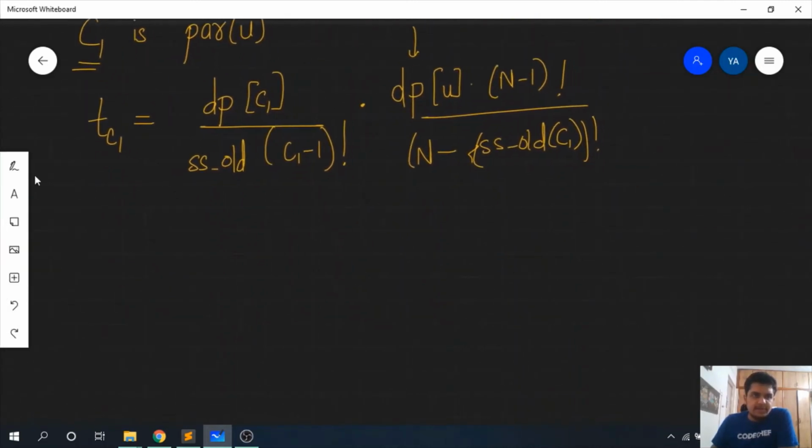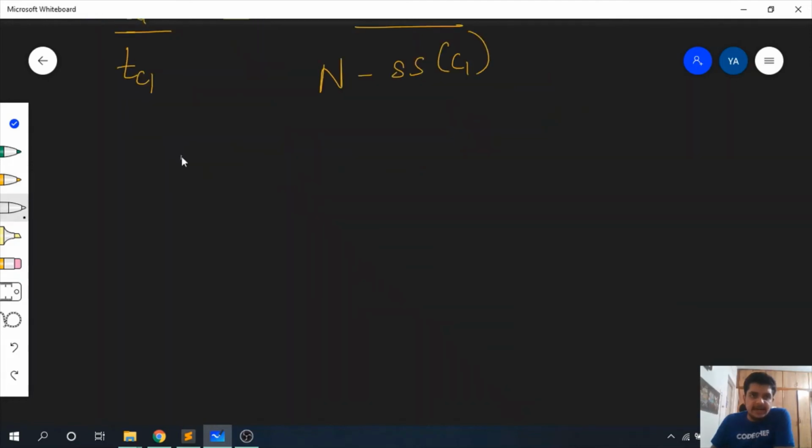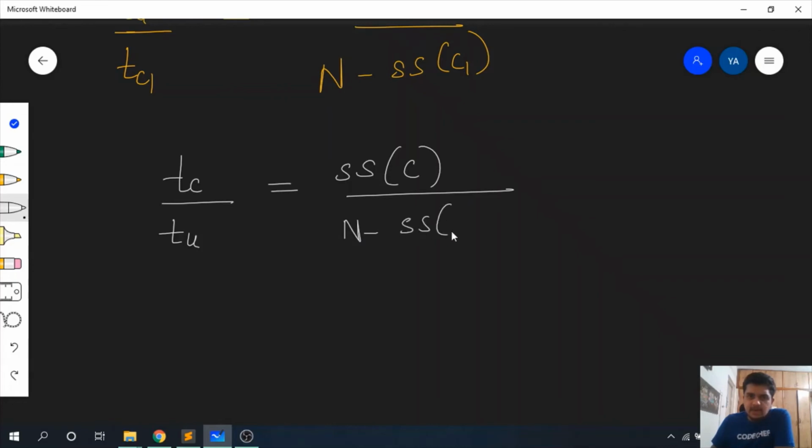So this will get pretty lengthy. To avoid that, I will directly tell you what answer we will get. Tc divided by tu is equal to ss of c upon n minus ss of c, where ss again represents subtree size.